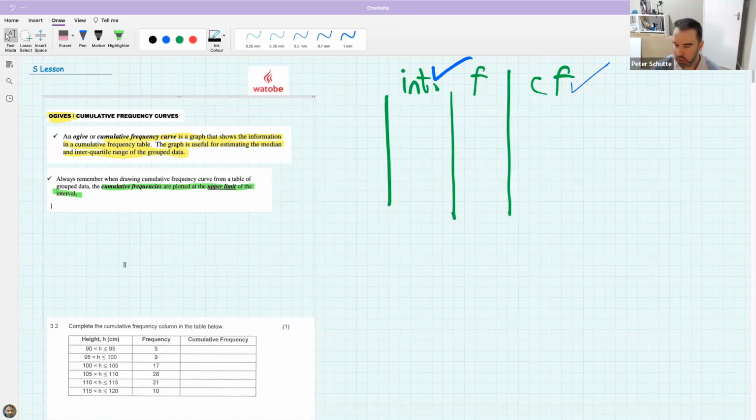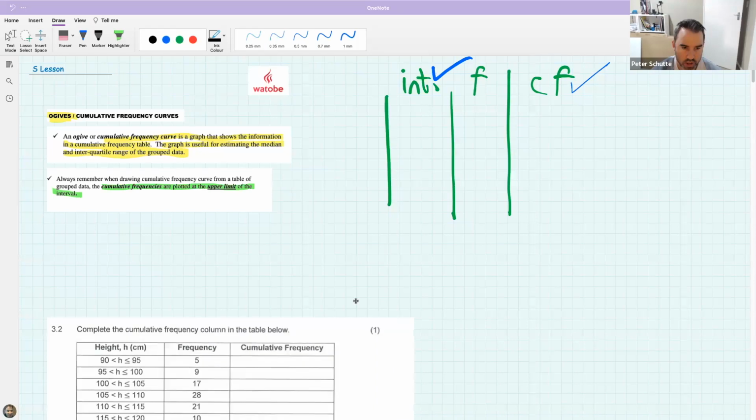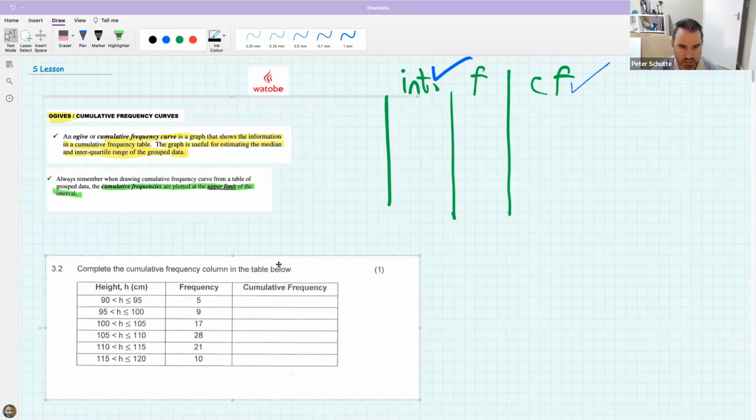Below here, I have a situation which we're going to use to draw an ogive first up today. My intervals are sitting over here. The upper limit of the interval is just going to be that value over there.